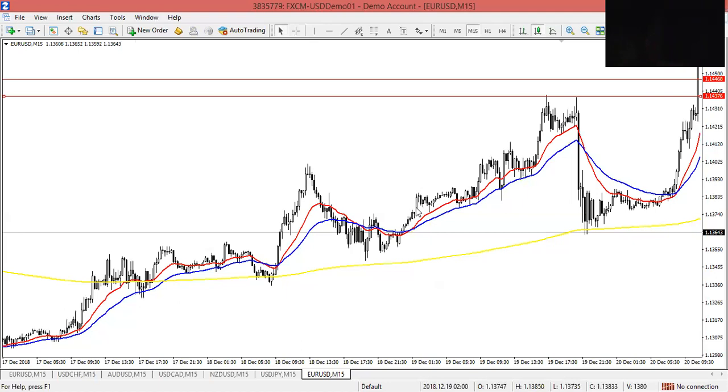For that confirmation, I told you that the two of them have to first cross, then the red will cross the blue, then the red will cross the blue again. You understand? But I told you that there's a way you can tweak it, that you can actually make some money the moment the red and the blue cross the yellow.